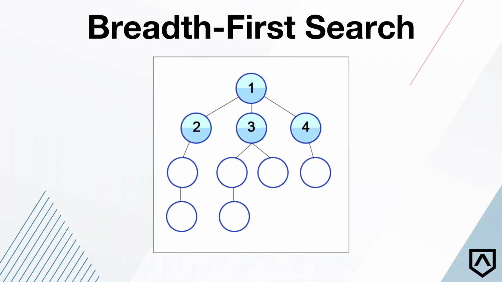So we can see here we've got a visualization. Breadth first search is always going to start at the root node, which in this image is node 1. Then it's next going to explore all the nodes that are a distance of 1 away from the root, right? So all the nodes that are closest to the root. Then it will look at all the nodes that are next closest, so it's going down one level at a time.